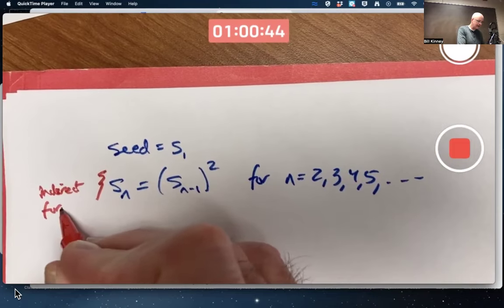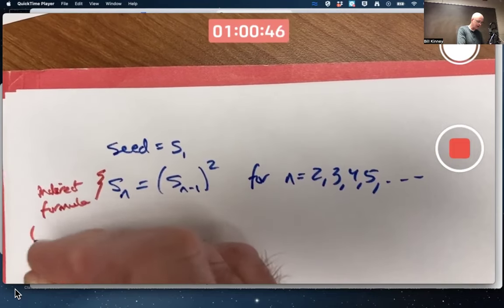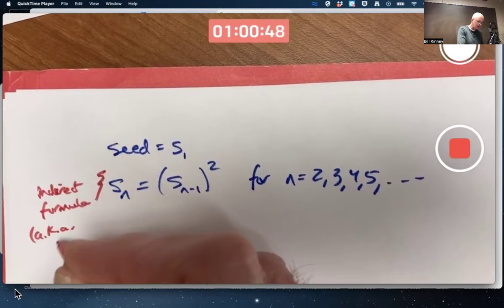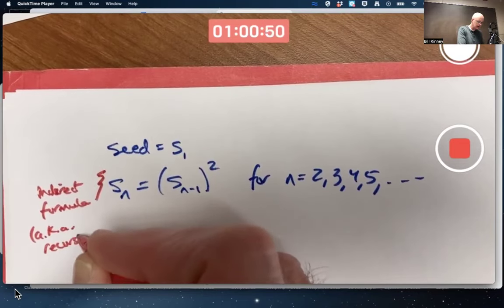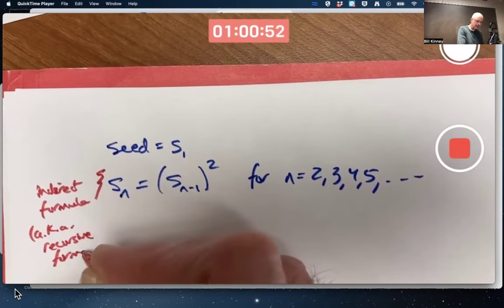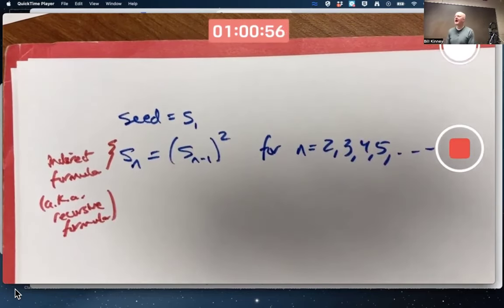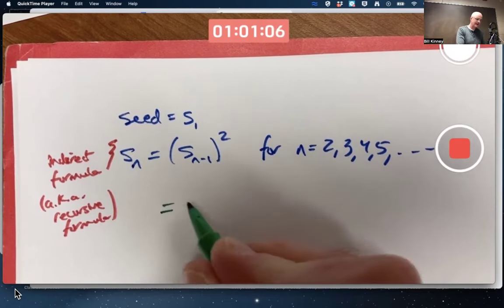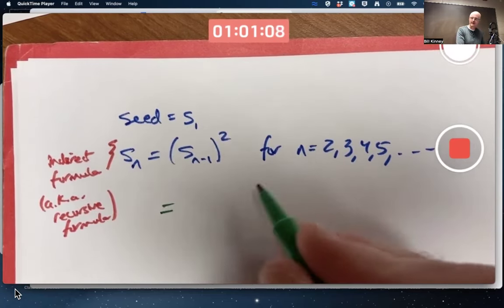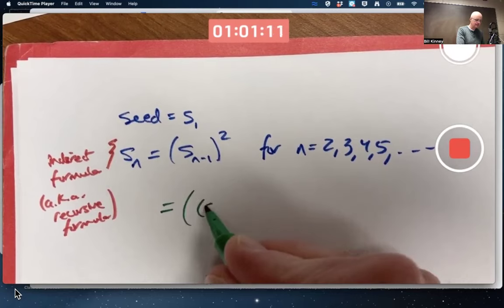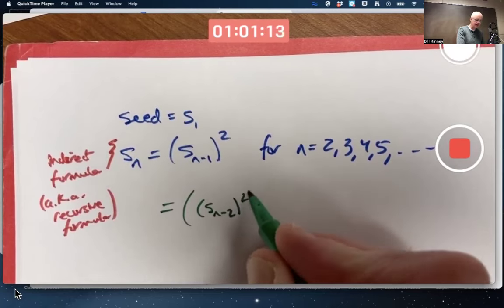Can I use an indirect formula, also known as a recursive formula, to find a direct formula? Sometimes you can and sometimes you can't. It depends on the example, how difficult it is. This example is possible because I can just reuse the same idea. Take the previous value and square it.